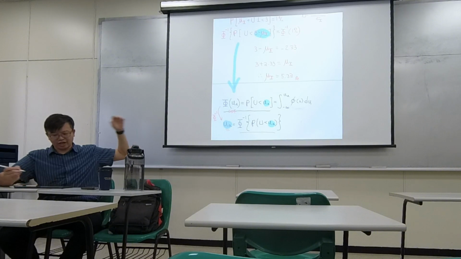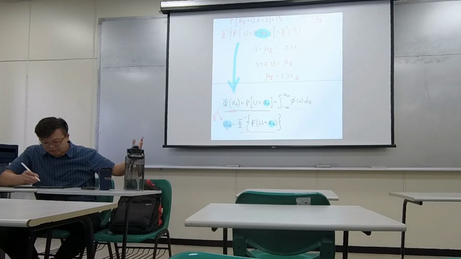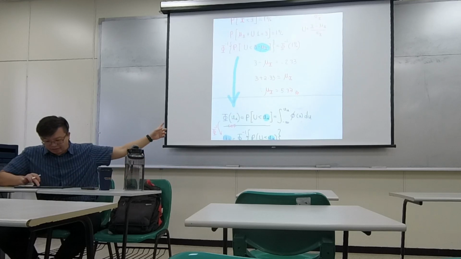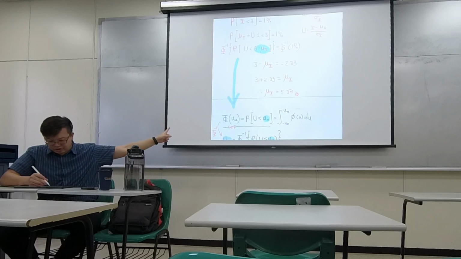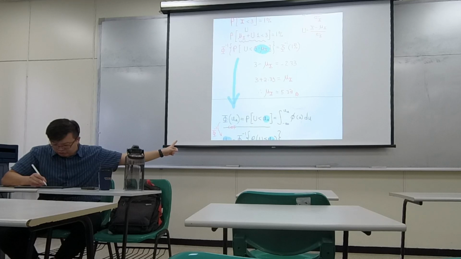And this is the right-hand side. Okay? So I did that. Here you can rewrite this whole thing as U smaller than 3 minus mu x, right?